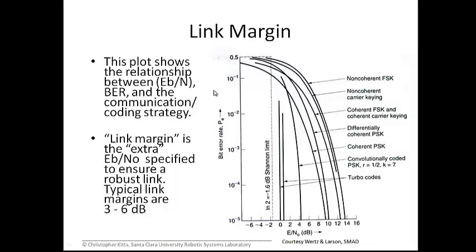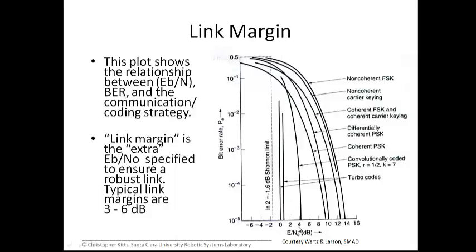However, if I also want to have 1 in 100 bits flip, if that's okay, but I'm now using convolutionally coded phase shift keying, then I'm going to move across to that curve. As I come down, I'm sort of in the 4 dB range.